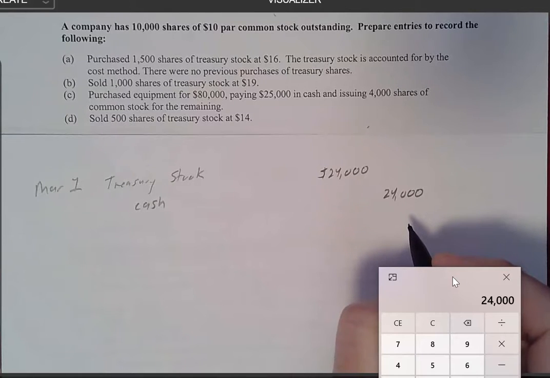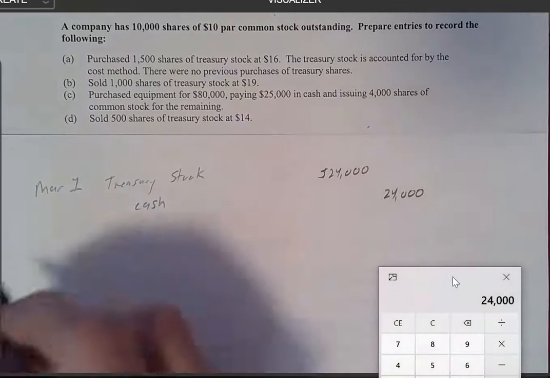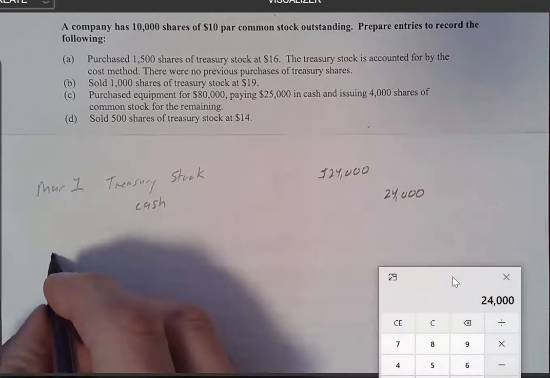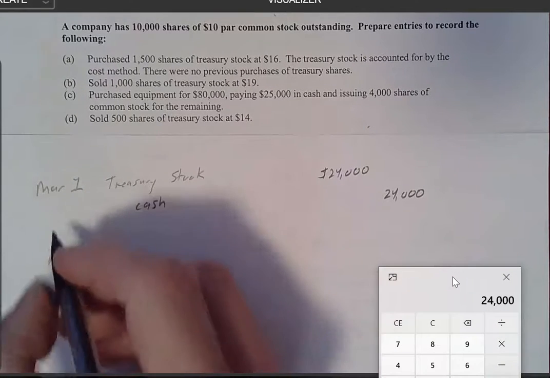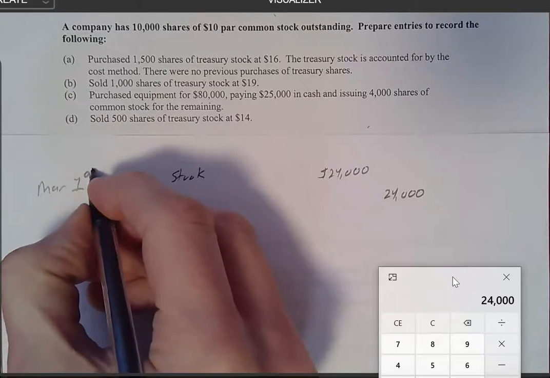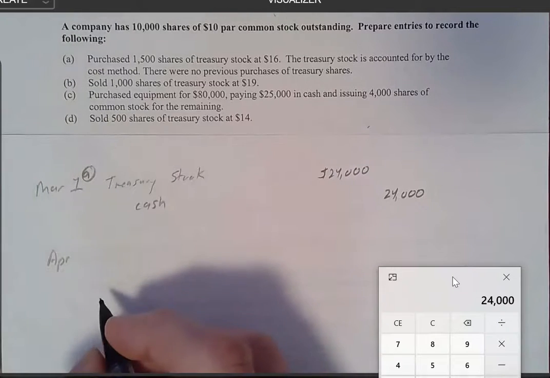Now requirement B says that we're going to sell 1,000 shares of treasury stock at $19. And so we're just going to say that this happens 1 month later. So this March 1st transaction here, I'm going to put the letter A right there.